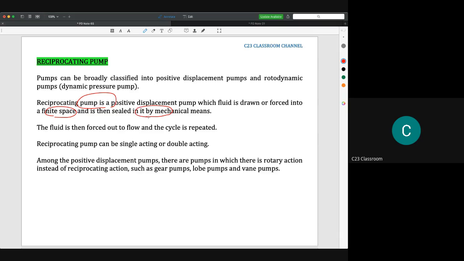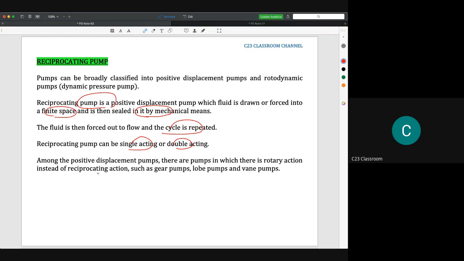From this statement, you understand that a reciprocating pump will create a vacuum condition. It can suck liquid into a space, and then force that liquid into the discharge line, and this is carried out repeatedly in a cycle. As I showed previously, a reciprocating pump can be single acting or double acting, which is actually to increase the volumetric capability.